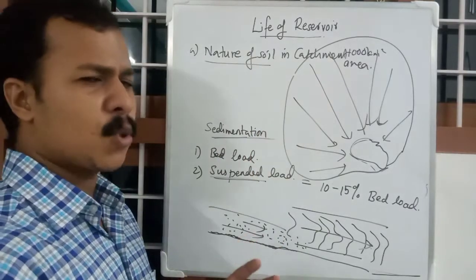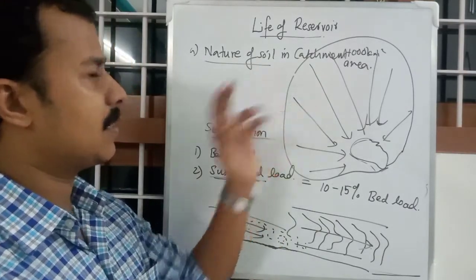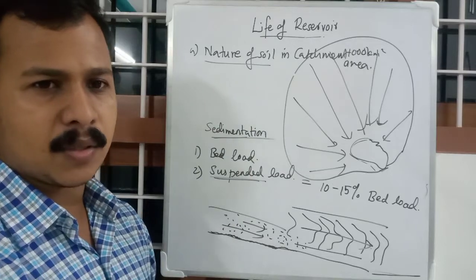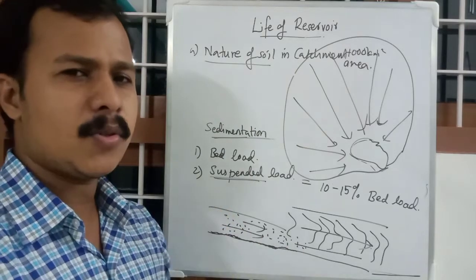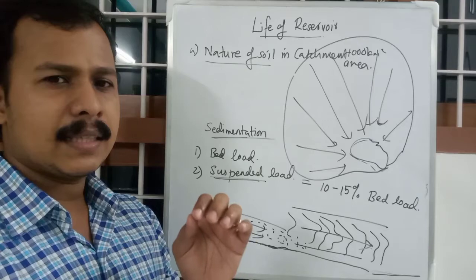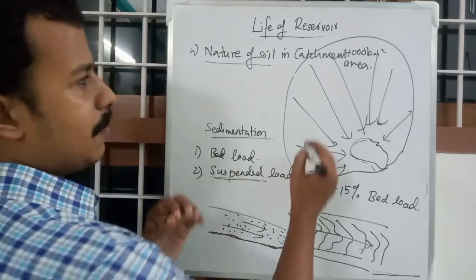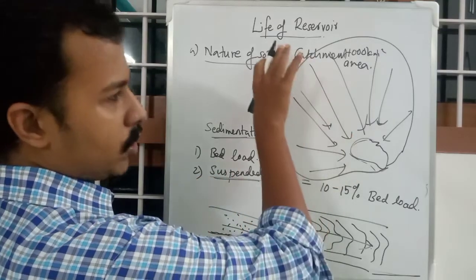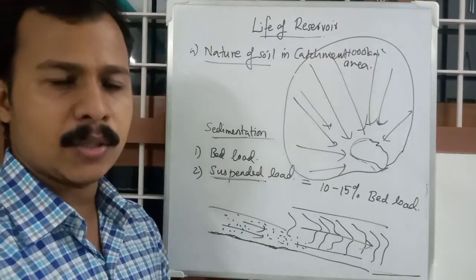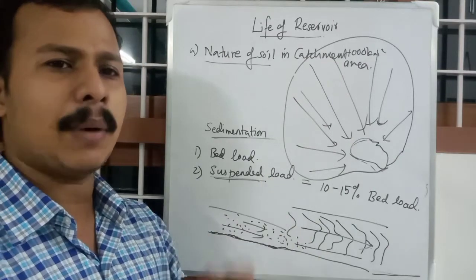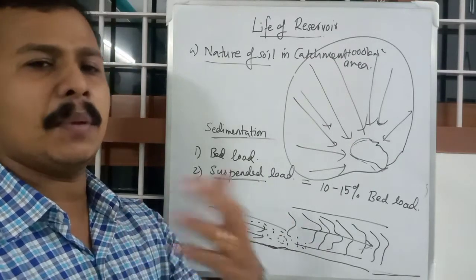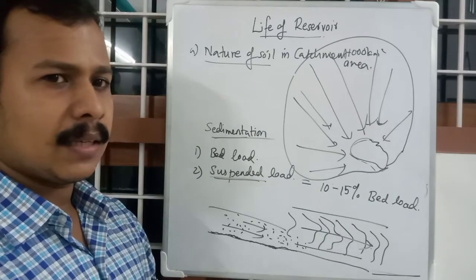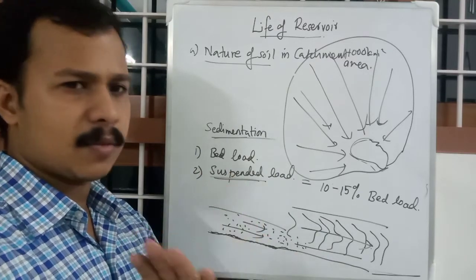Now, how does nature of soil affect sediment accumulation? Suppose the base soil particles through which the rainwater is flowing are very light silt particles, sedimentation will be more. If you get the point, it's very simple.